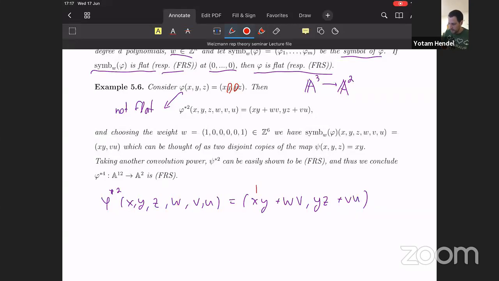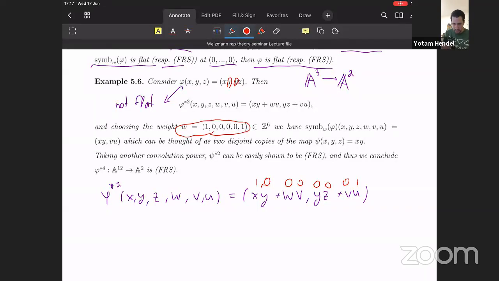So my W will be, I'll give the first guy a weight 1, the second one, like this Y variable, a weight 0, so this guy is also 0, and this one will be 1. So this will be 1, this will be 1, and I don't care about these, so they will also be 0.